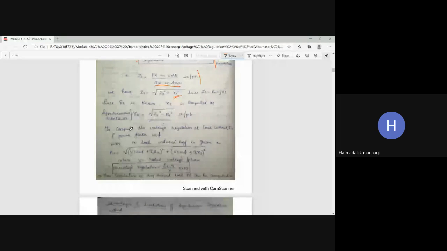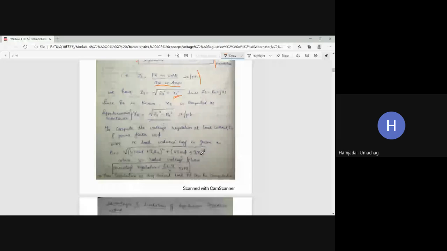To compute the voltage regulation at load current IA and different power factor cos phi, we know that the no load induced EMF, EPH or E naught, is given by the square root of (V phase cos phi plus IA RA) whole square plus (V phase sin phi plus or minus IA into XS) whole square. This is what we have seen in the previous classes.